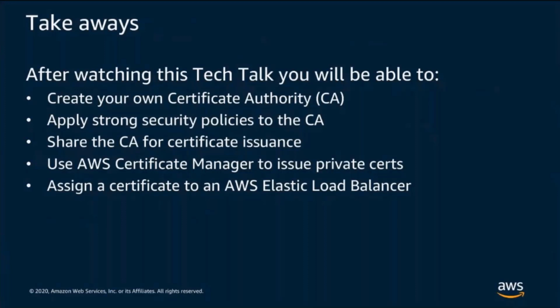We're going to look at how to issue certificates from the CA, how to use the AWS Certificate Manager service to issue private certificates that are automatically renewed. And then lastly, we're going to look at assigning a certificate to AWS Elastic Load Balancer, ELB, to show you the final step to this process of putting those certificates in place.